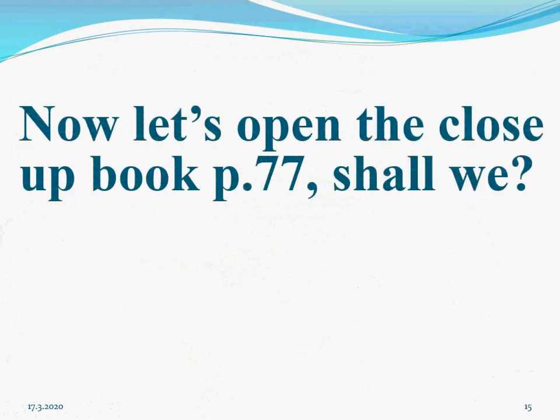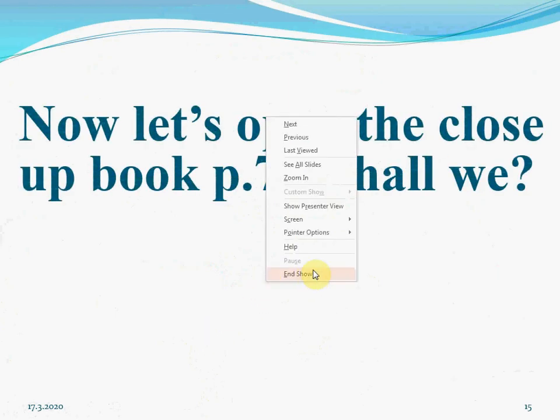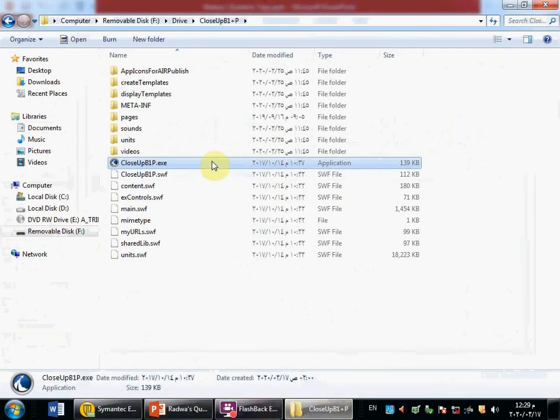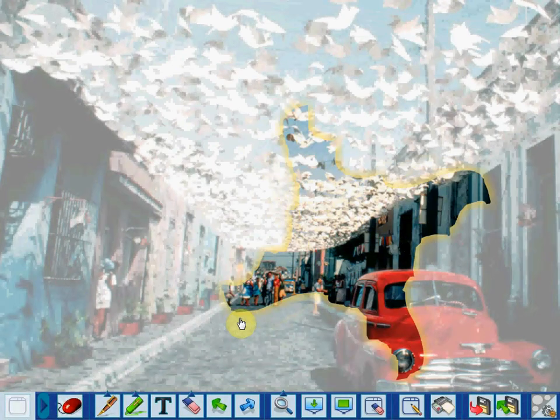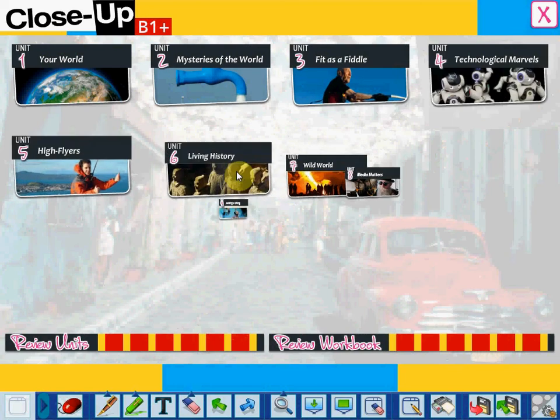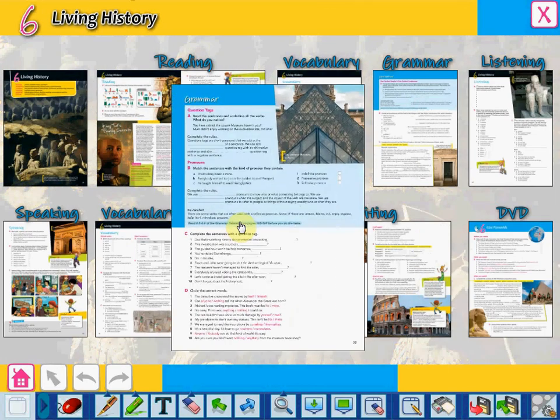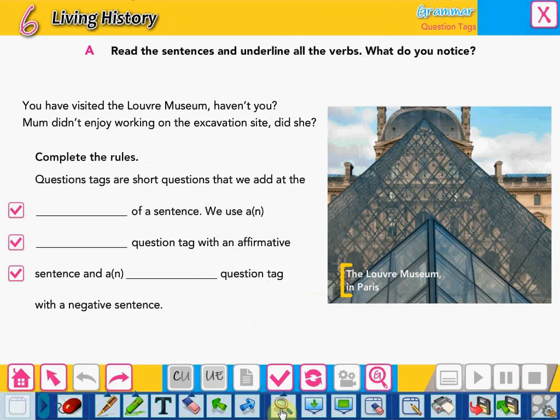Now let's open our student book, page 77, in the close-up. Question tags, and let's answer. Read the sentence and underline all the verbs. What do you notice? You have visited the Louvre Museum, haven't you?